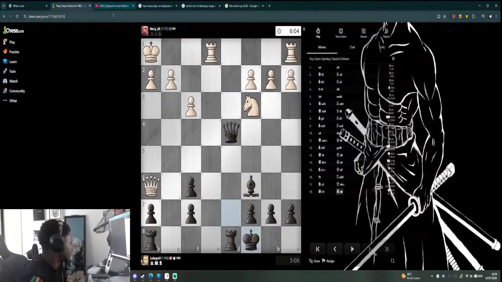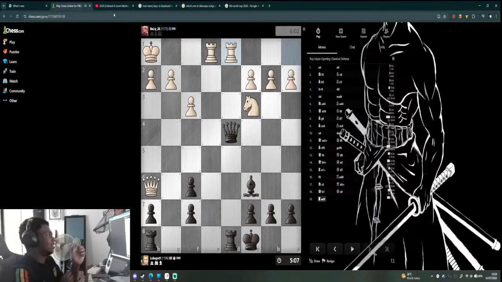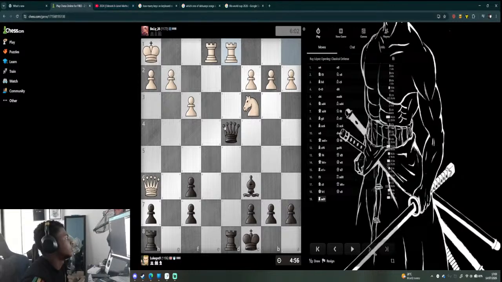See, it's a 177 opponent. They don't know how to actually play. Like, they're not actually good. I don't know. I have many options here.